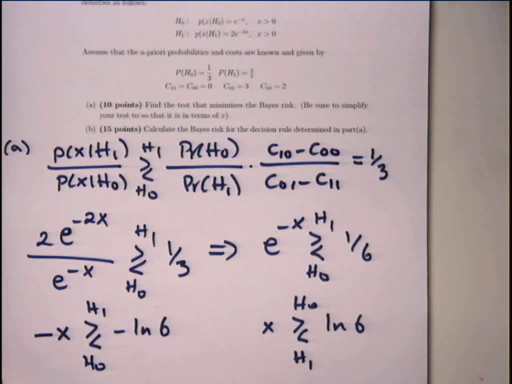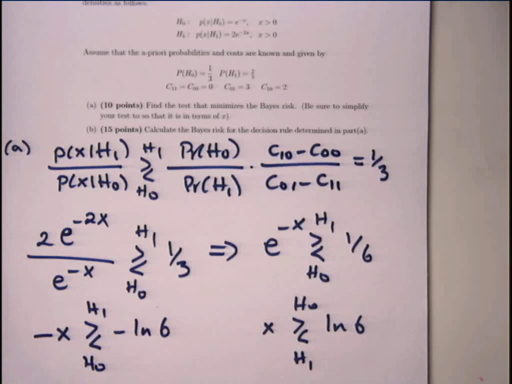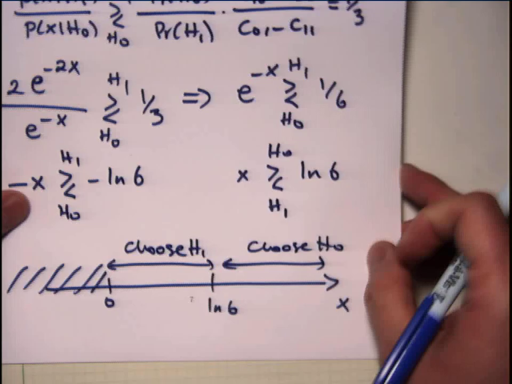In this region, I'm going to choose H1. And in this region, I'm going to choose H0. And guess what? Here, I don't get data there because, oops, sorry, can't see it. Okay, here.